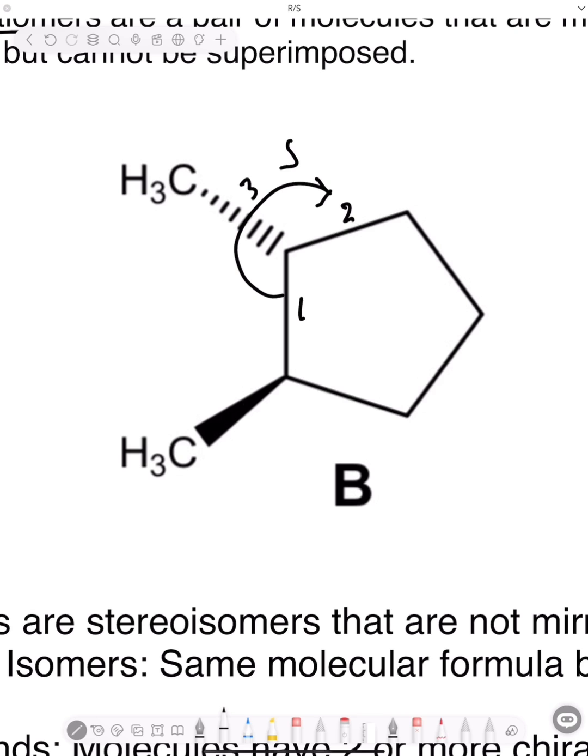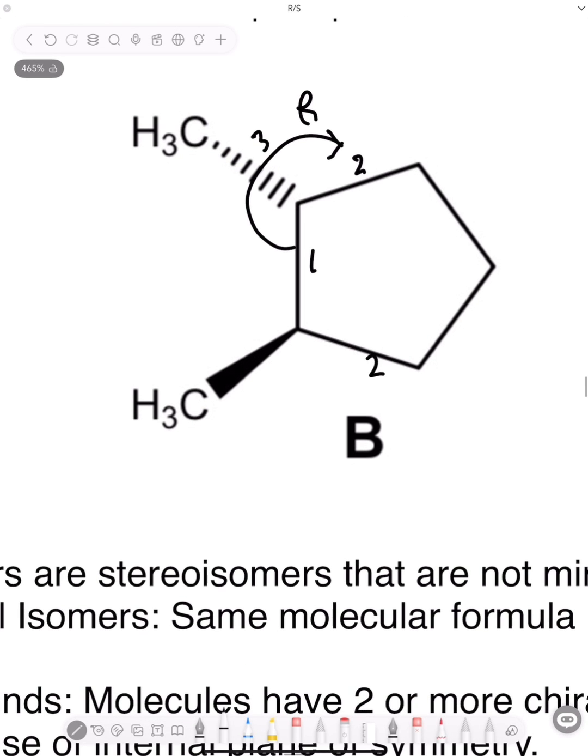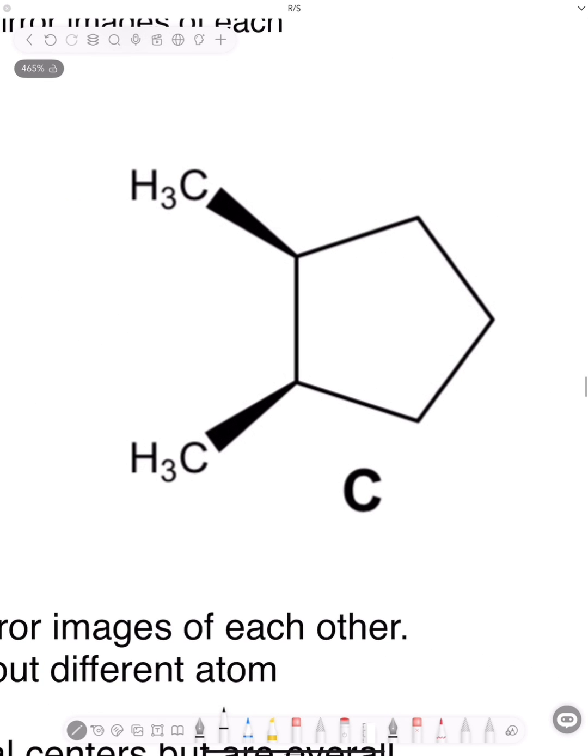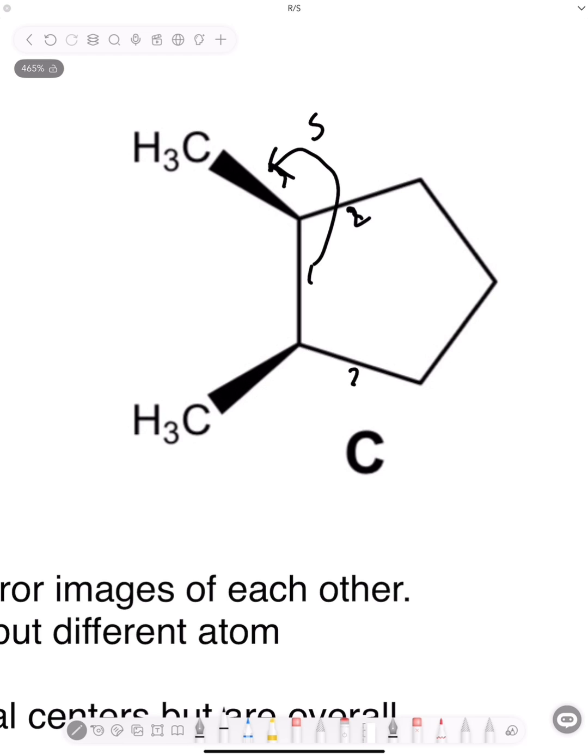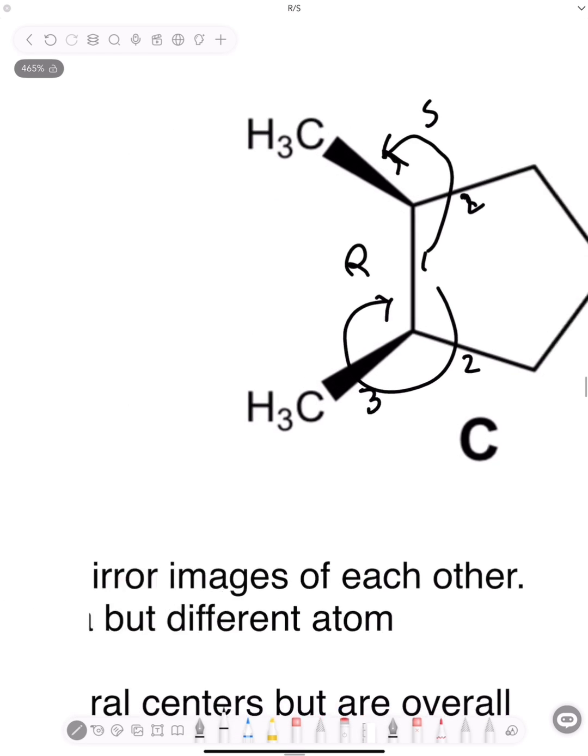It's going to be an S. Whoops, that's clockwise, so it's going to be an R. And 1, 2, 3, hydrogen's on dash, no need to flip it. So that's going to be R again. And 1, 2, 3, that's going to be an S. 1, 2, 3, that's going to be an R.